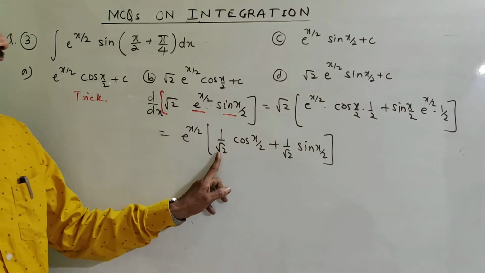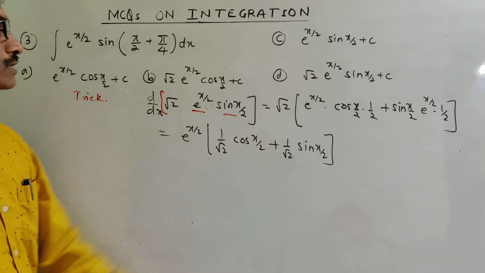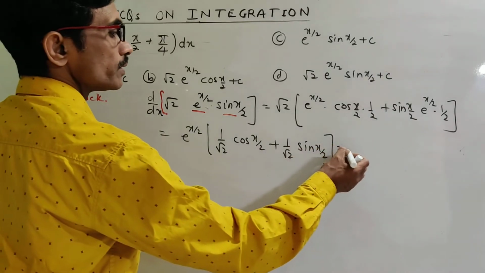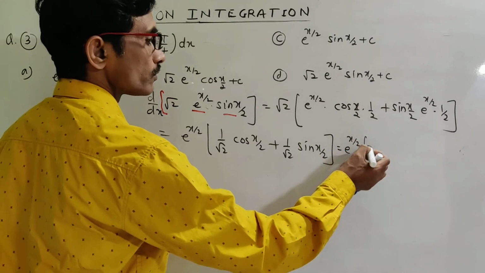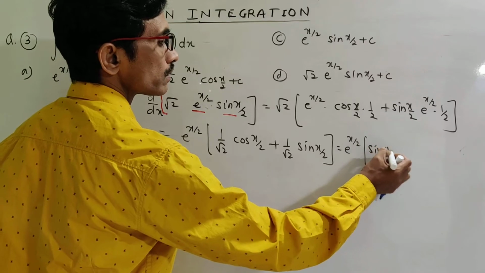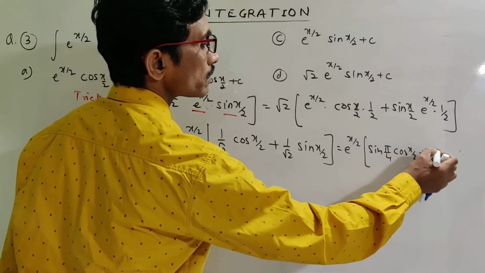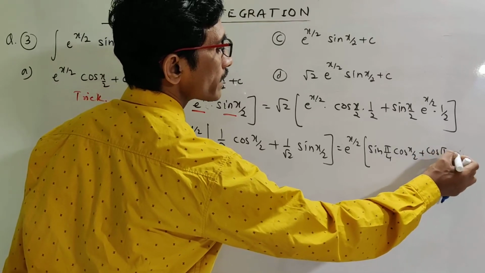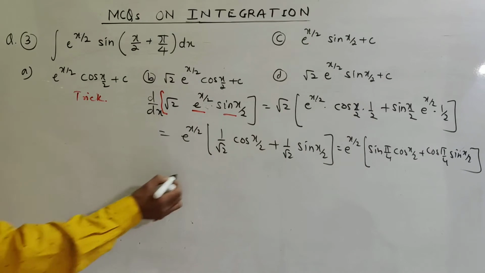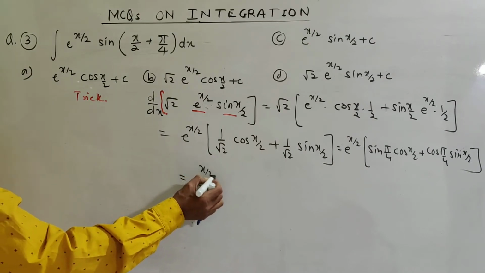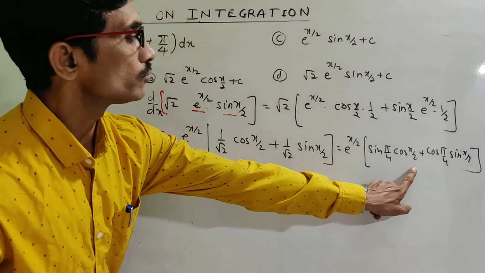which is sin pi by 4 cos x by 2 plus cos pi by 4 sin x by 2. This will be e raised to power x by 2 into sin pi by 4 cos x by 2 plus cos pi by 4 sin x by 2, and that is equal to e raised to power x by 2 into sin of x by 2 plus pi by 4.